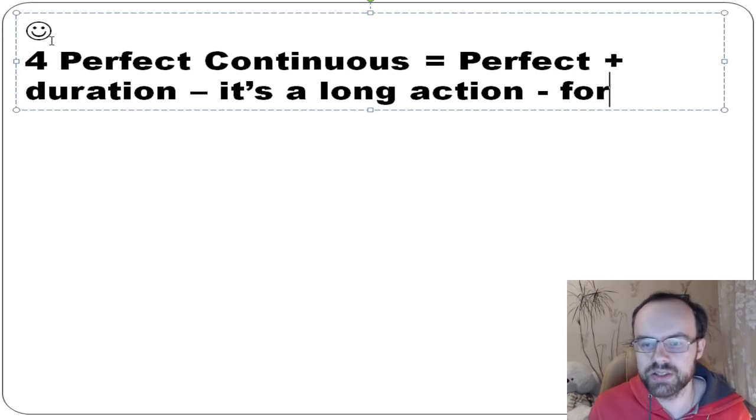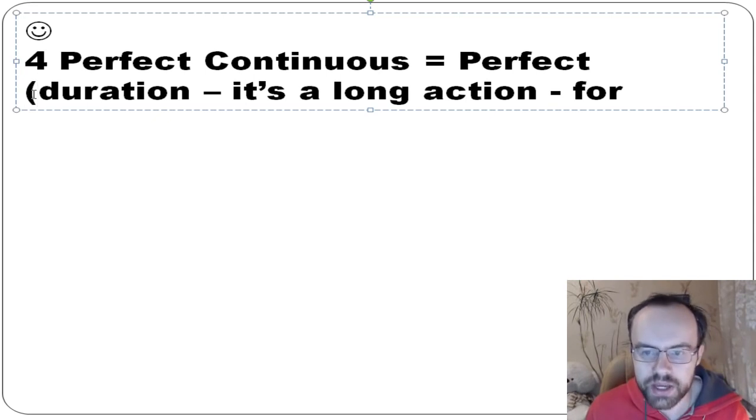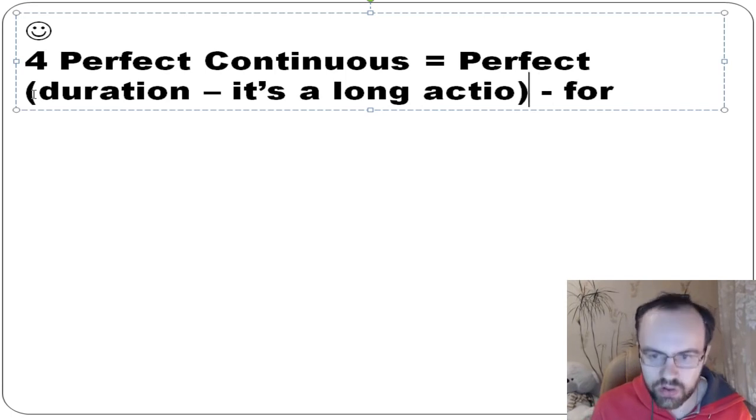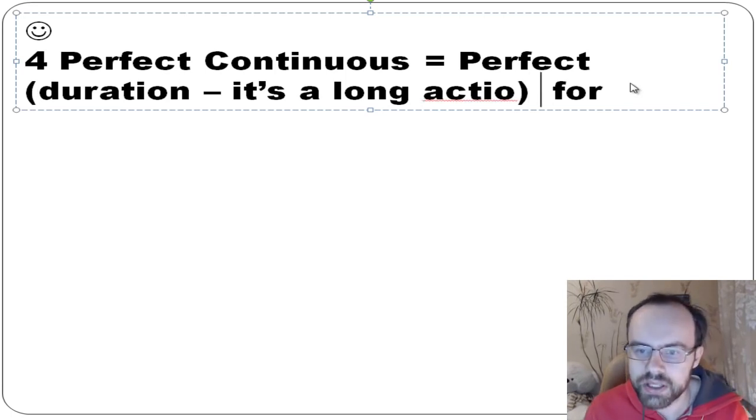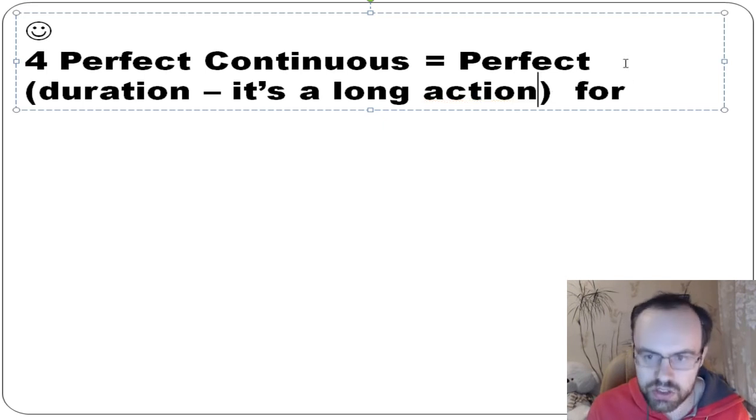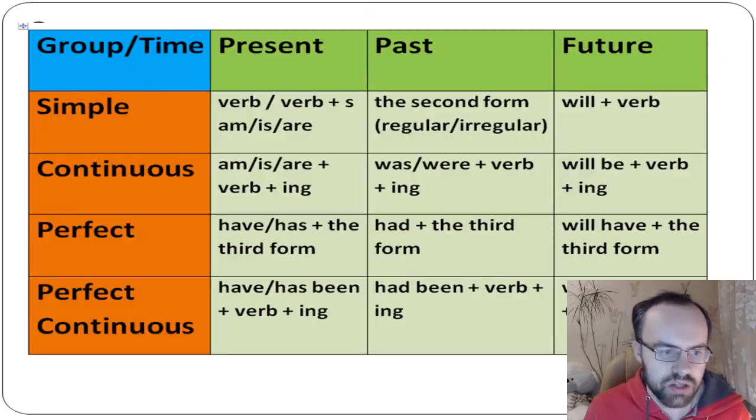"For" is a very common word for perfect continuous. Remember, the group perfect means plus 4, and you know that "for" means duration. You see how it's easier to understand.